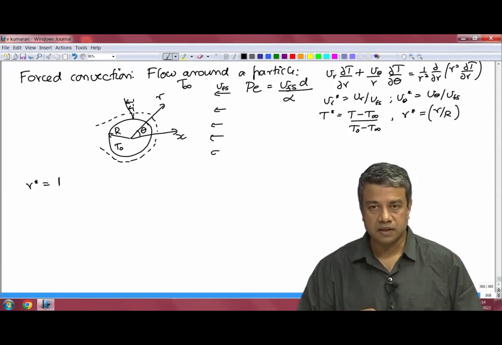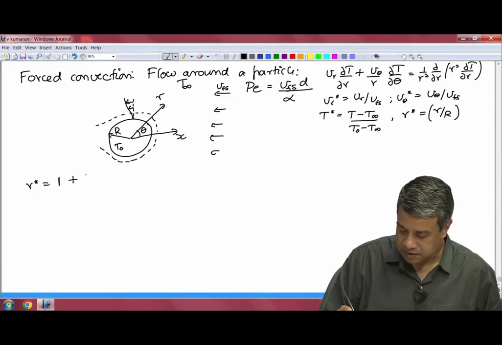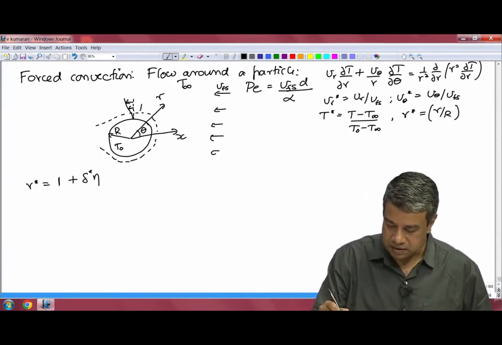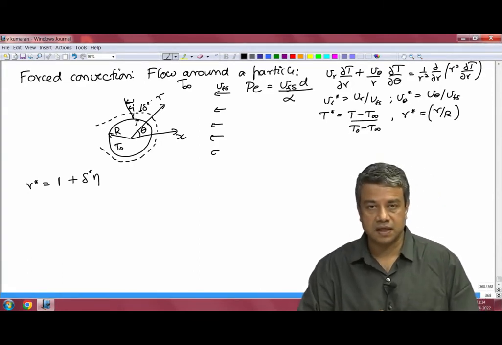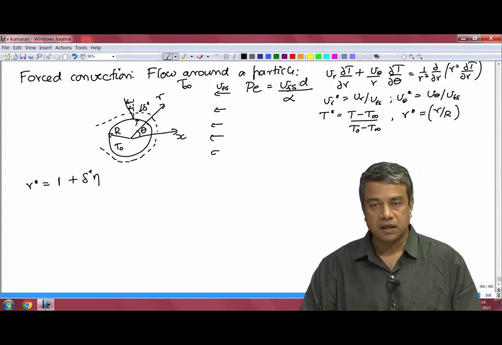When you go a small distance away from the surface, I can write this as 1 plus delta star into eta, where delta star is the scaled boundary layer thickness, scaled by the radius r, and eta is a similarity variable.